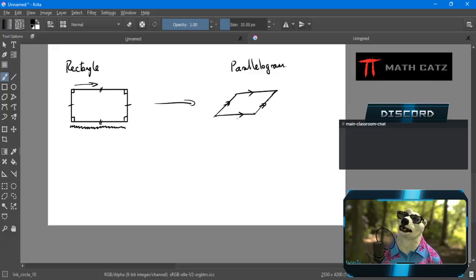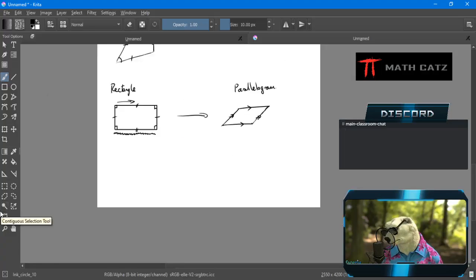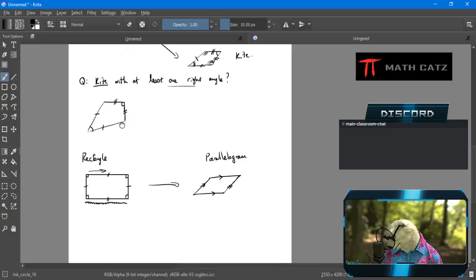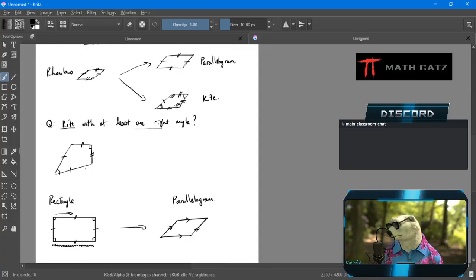Now, doing it this way, I get the parallel side aspect of the parallelogram more so than the parallelogram kite distinction, but it's all the same shape, just connected to different base shapes.